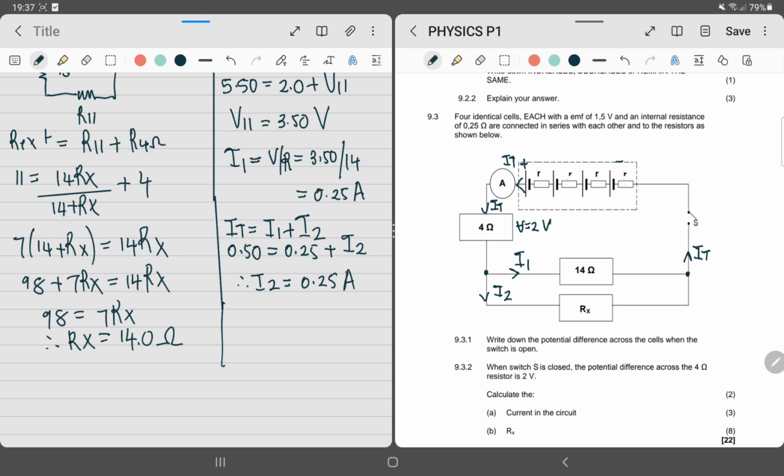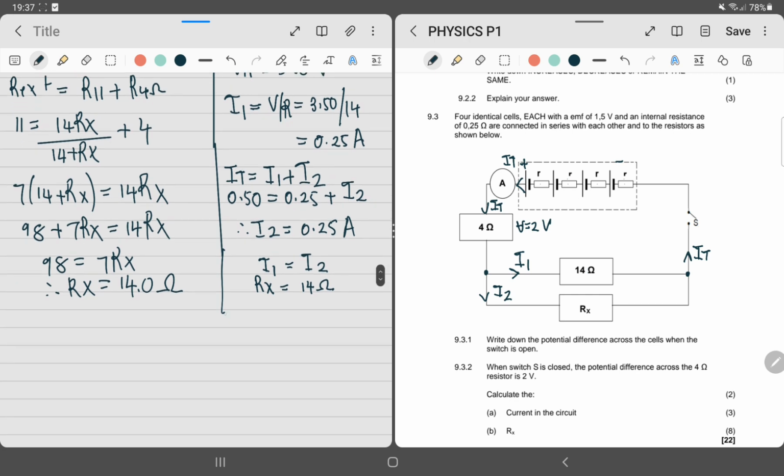Here you needn't even calculate Rx. You can just use the ratio. You can say I1 is equal to I2. So this means that Rx should be equal to 14 ohms as well, because the current is equally divided. This means that the resistance of Rx must be 14 as well.